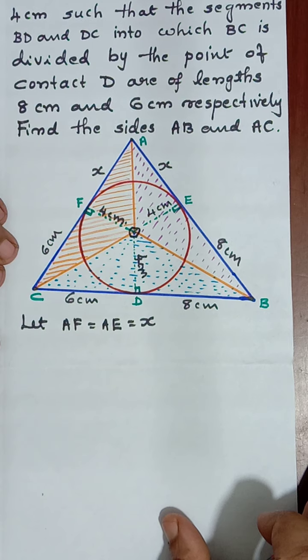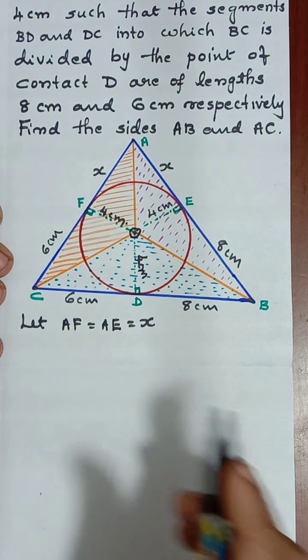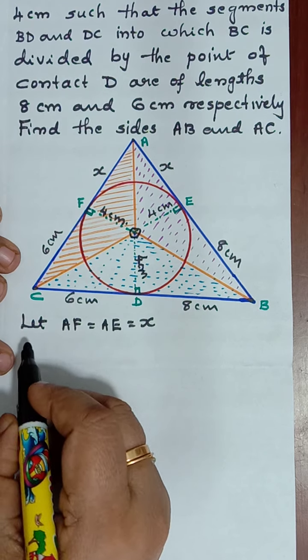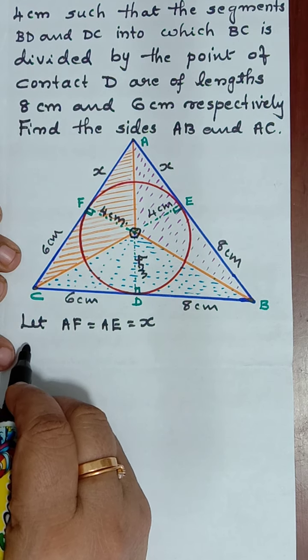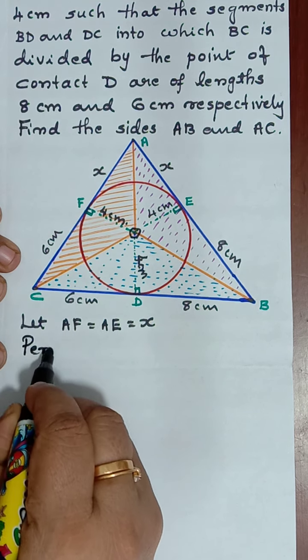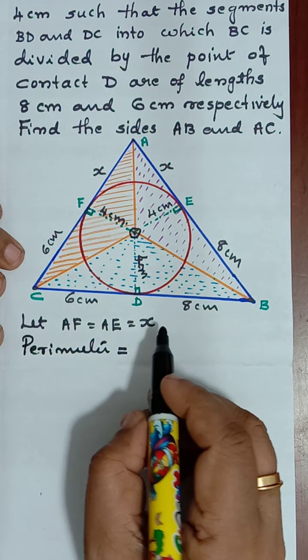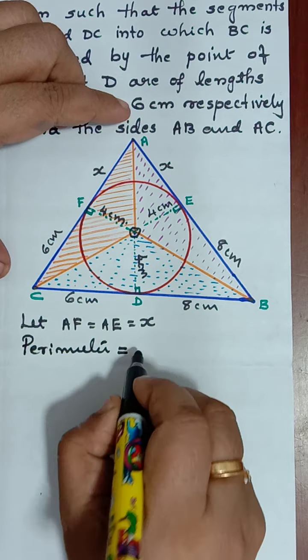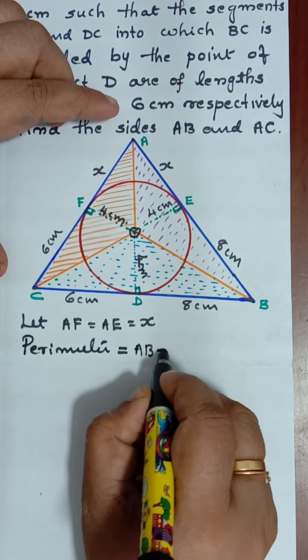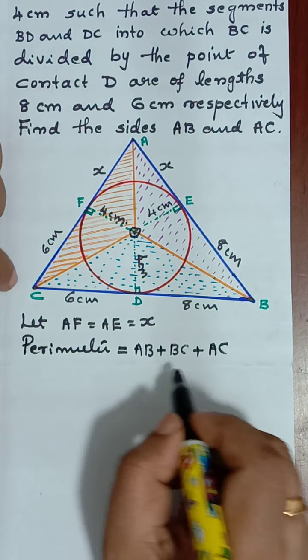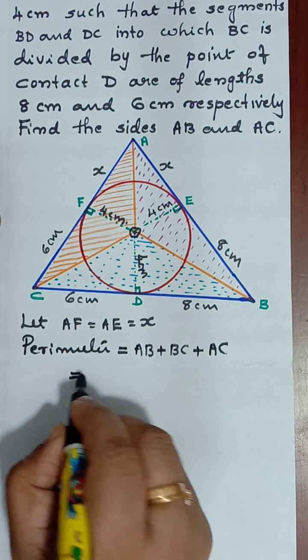That is the method which will be adopted today. There are different methods. Now let us see the semi-perimeter. First the perimeter I am going to find out. Perimeter equal to AB plus BC plus AC, all the 3 sides sum. So what is this AB?